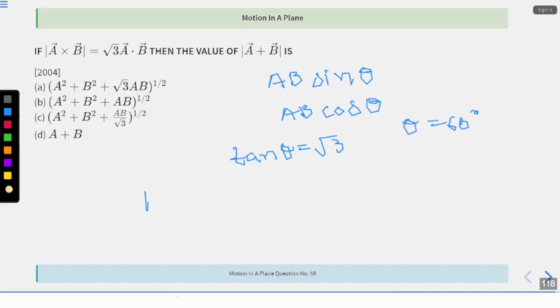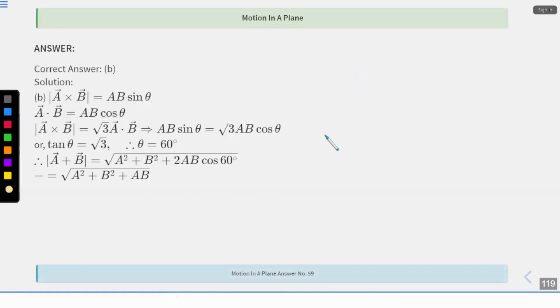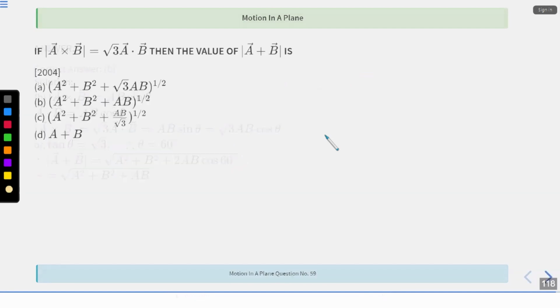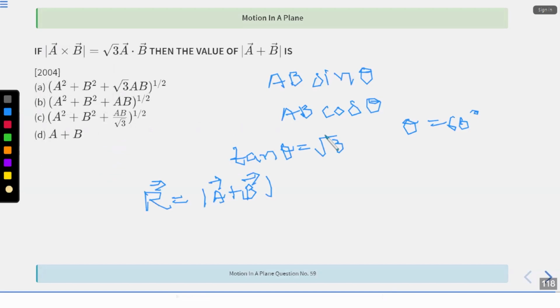So we know the resultant formula, whenever you add, you will use the formula here, A square plus B square plus 2AB cos 60 degree. So you will get A square plus B square plus AB, right? So that is option B, right?